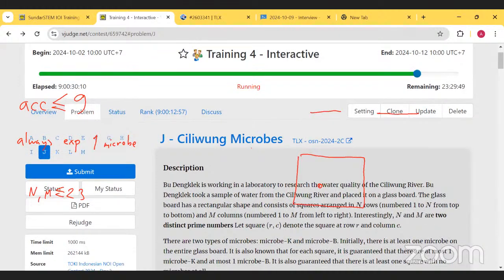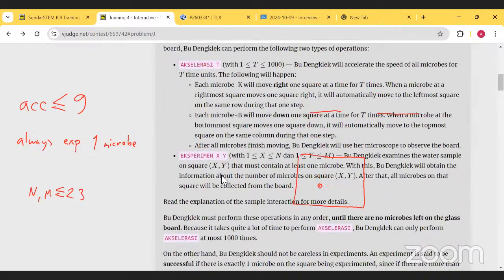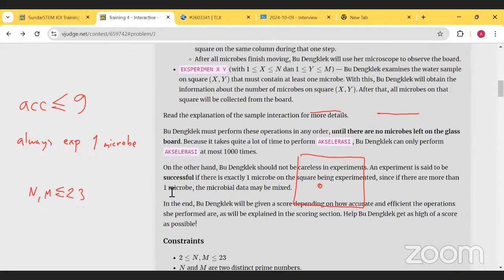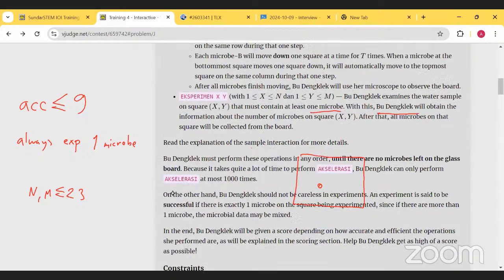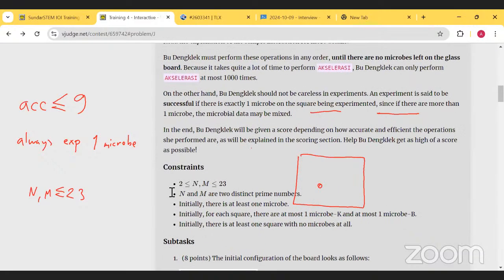Okay. And then how to make sure that there is only one microbe? We can do like this. Our target is we want to make the matrix empty, right? And then how to achieve that?